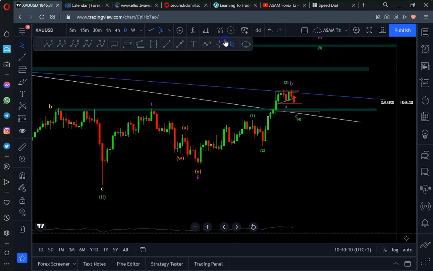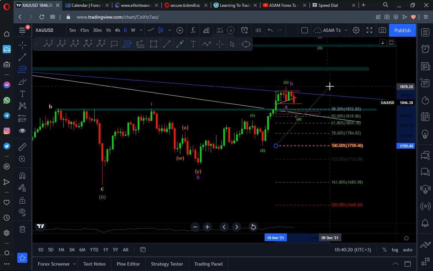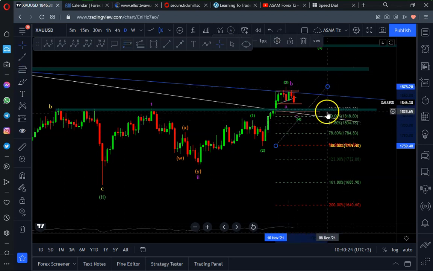If we measure with a Fibonacci retracement from the level where the third wave started to the peak of the third wave, you will find 38%. Mostly it is 38, but sometimes it may move up to 50. So 38% is within this resistance.